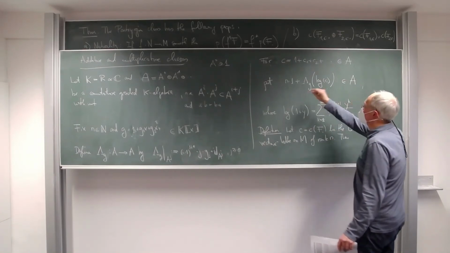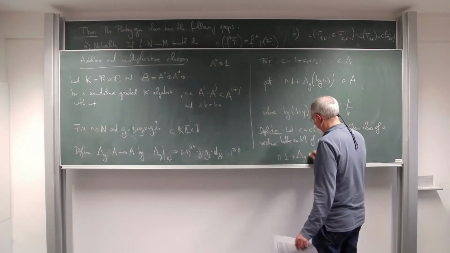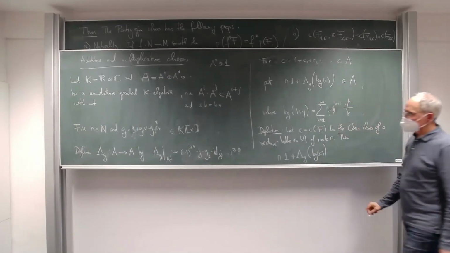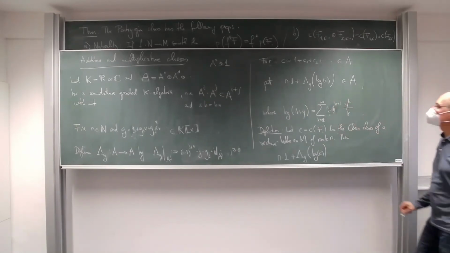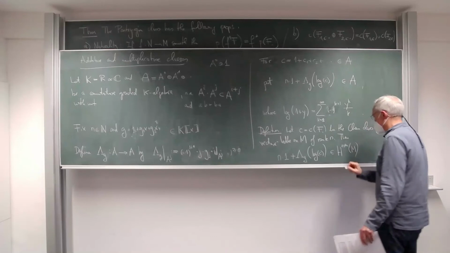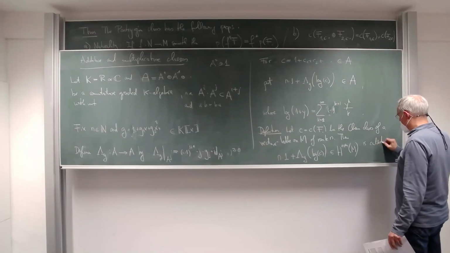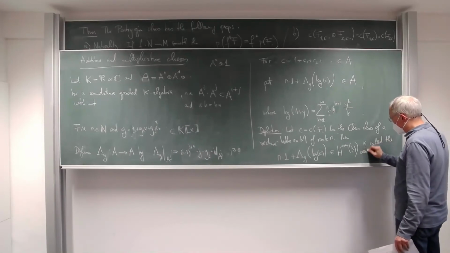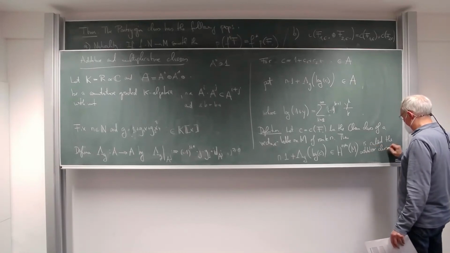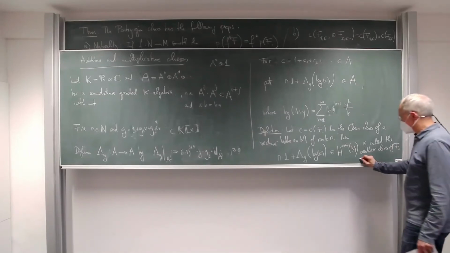Then this element, when I apply this to the Chern class, and where my algebra is now the even cohomology algebra of the manifold, is called the additive class of F with respect to the power series G.